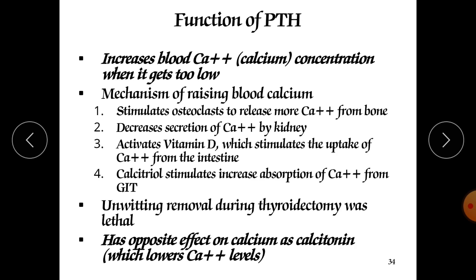Whatever food material is in the GI tract, it absorbs calcium, phosphate and magnesium from that. This is the effect of calcitriol, the activated form of vitamin D3, whose formation is promoted by parathyroid hormone.